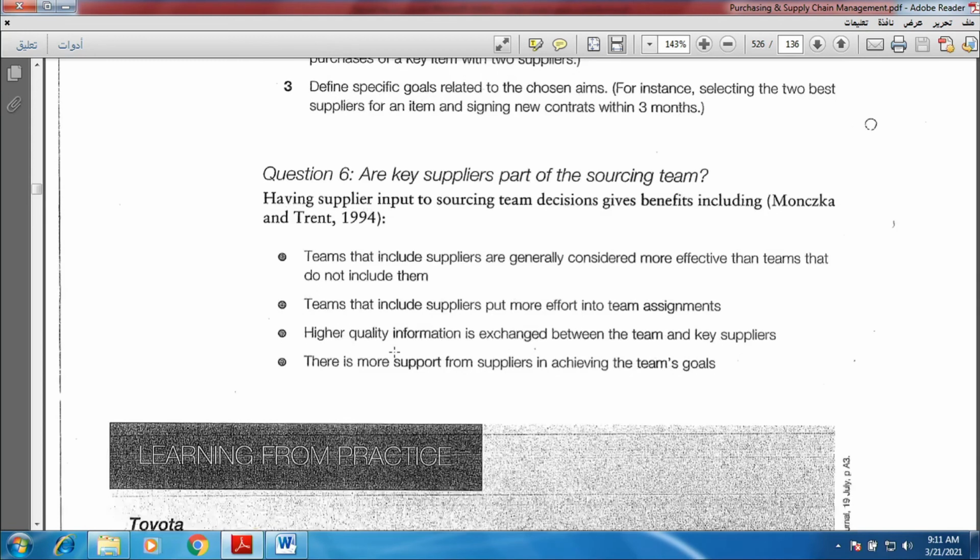Finally, we go to question number 6. Are key suppliers part of the sourcing teams? This issue is very important because of our subject and our functional area. Teams should include the suppliers very early to make sure that they are effective in their work.